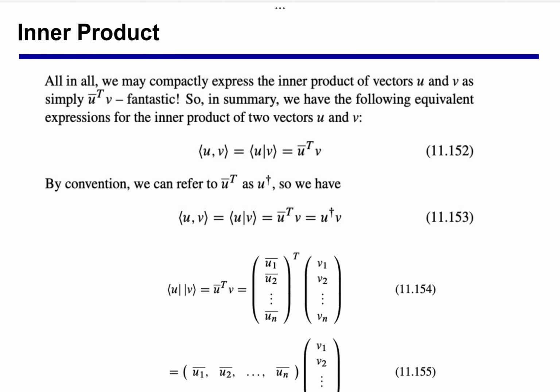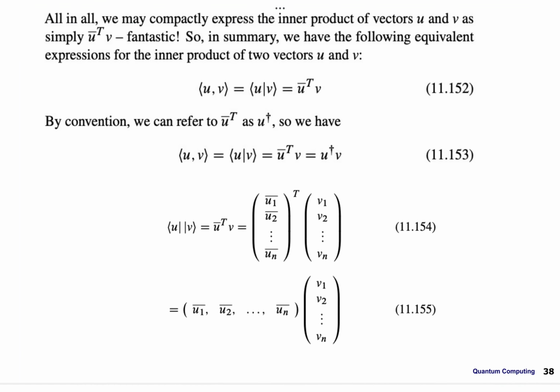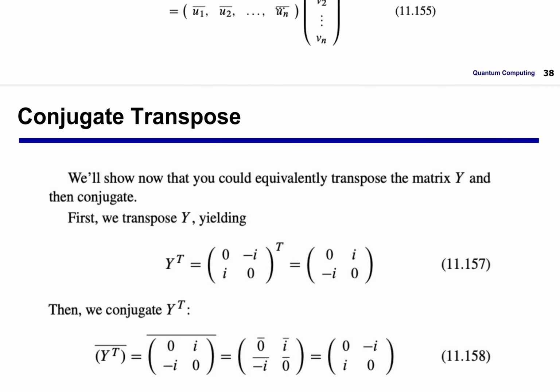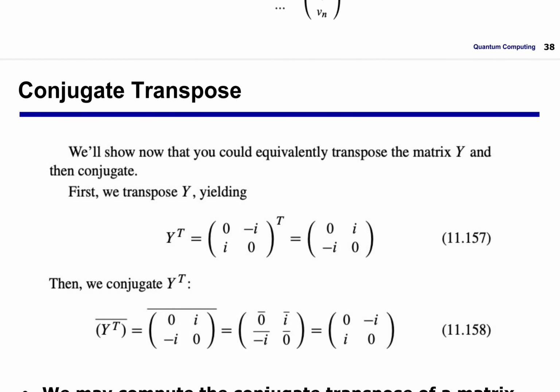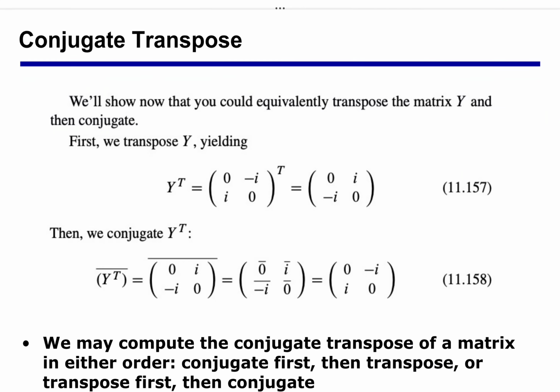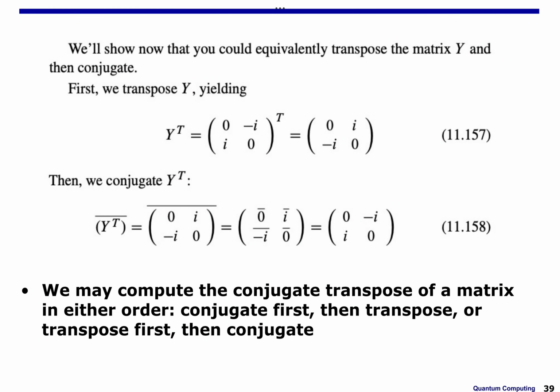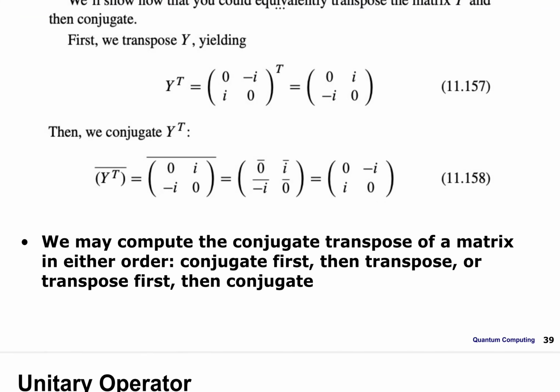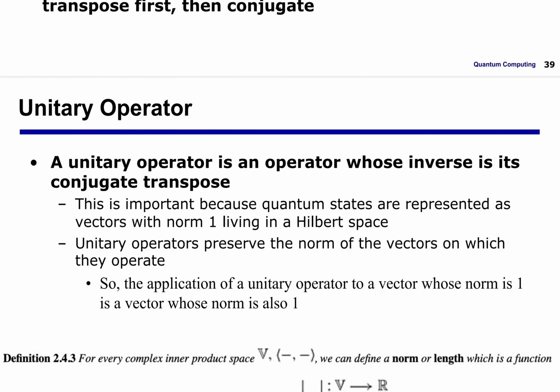The bra-ket notation means that this is just some conjugate transpose. You could conjugate transpose the matrix, conjugate first and then transpose, or transpose first and then conjugate.